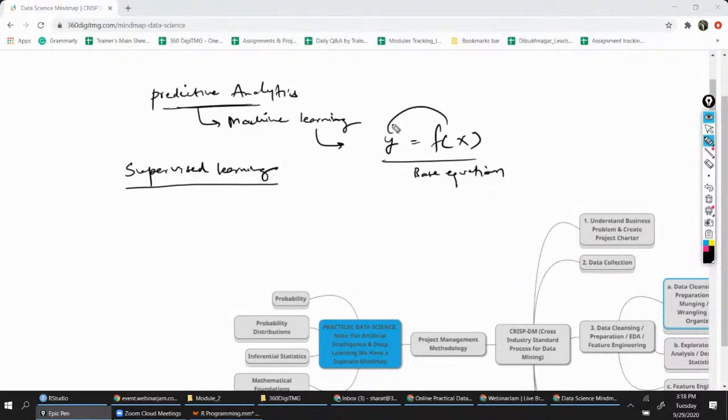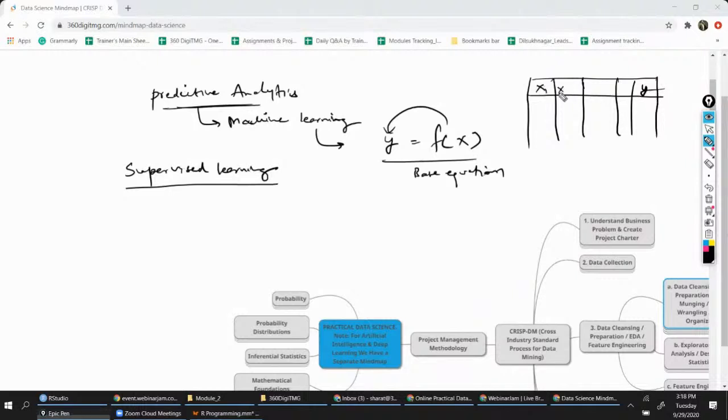Right? So if your machine has to understand the relationship, then in the historical data, when the algorithm is trying to train so that it identifies the pattern, it should upfront know what the Y value is.